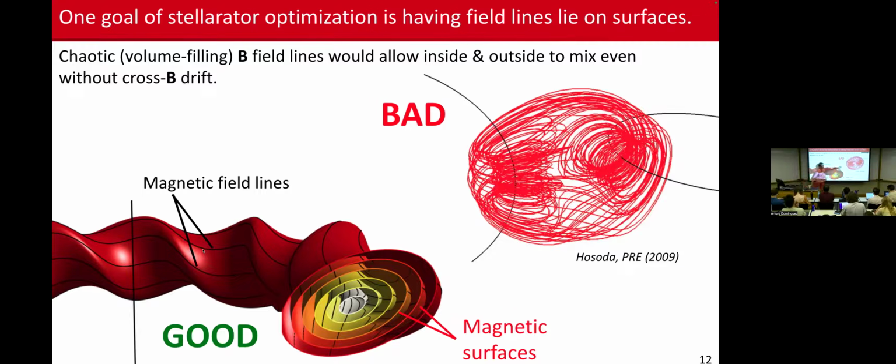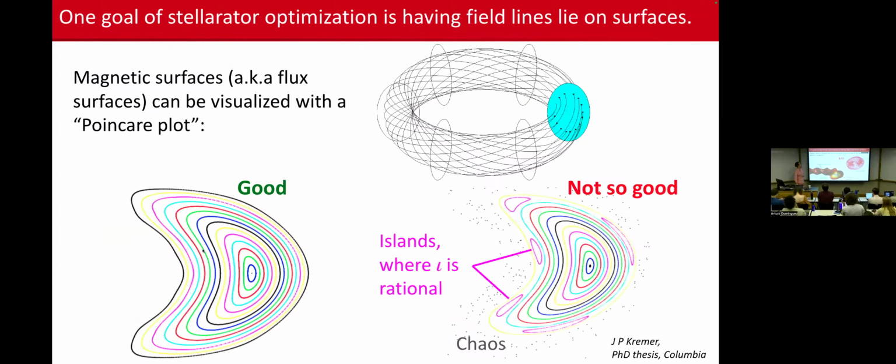These sort of chaotic field lines would be bad. And the way we describe this in general is we often put this in as a constraint when we solve for MHD equilibria. We say, give us back an MHD equilibrium that has nested flux surfaces by construction. So that's a big one.